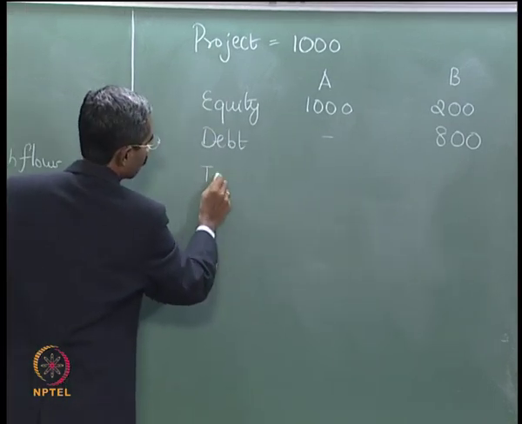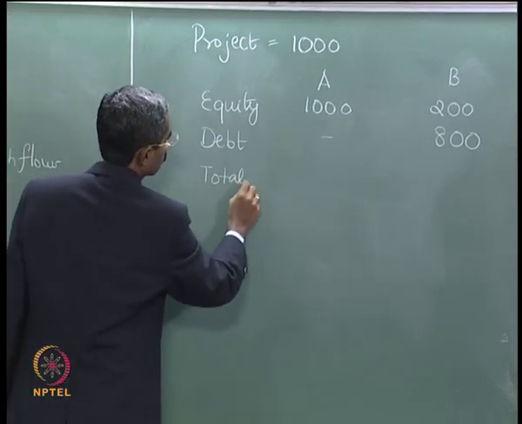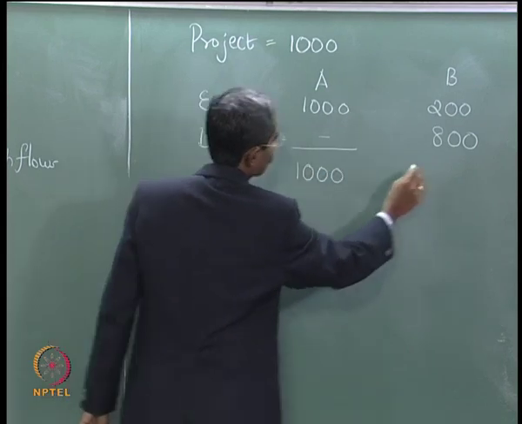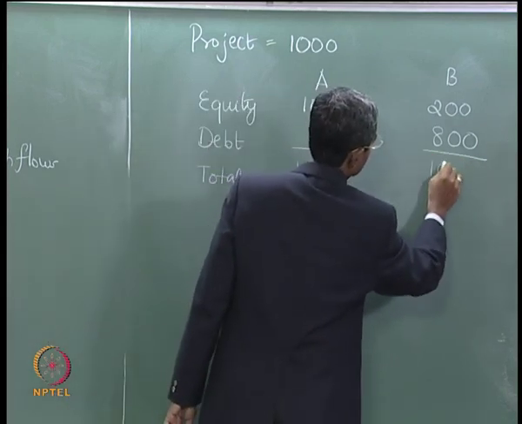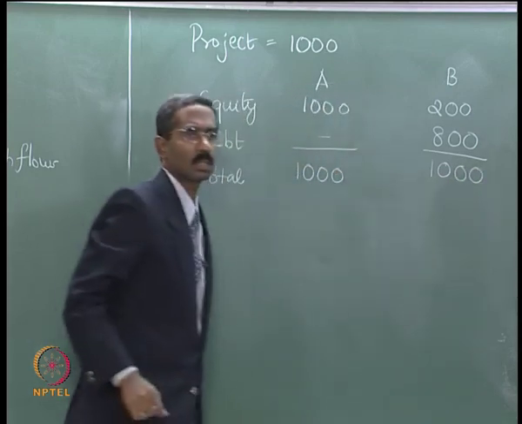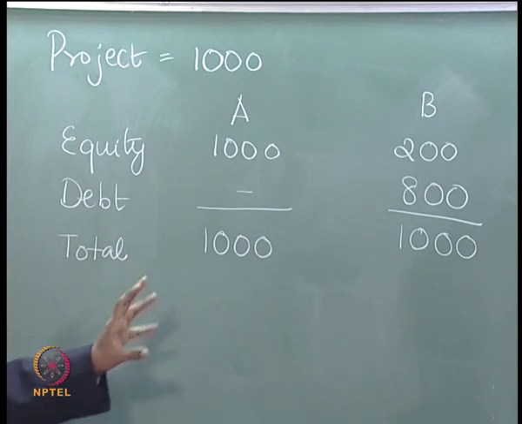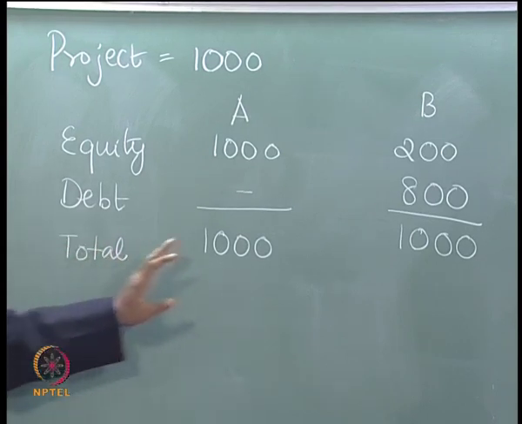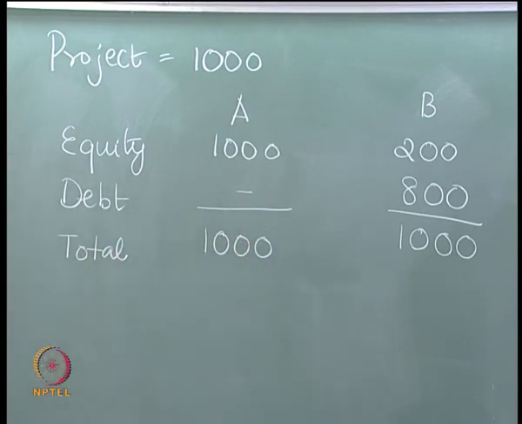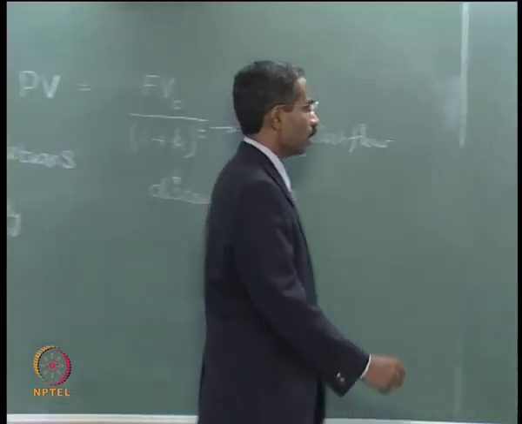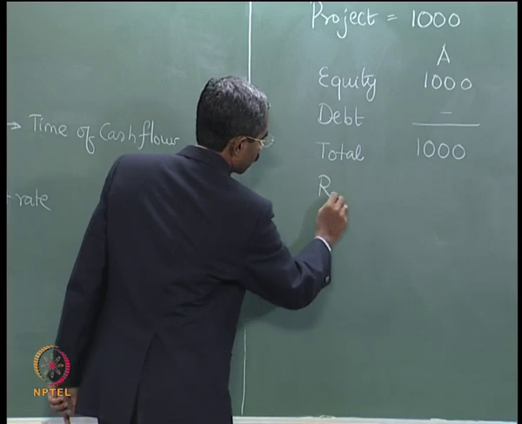So, the total investment in both cases works out to be 1000. Both the firms have implemented the same project, the only difference being how it has been funded. Let us assume that the revenues are also the same because the project is the same.